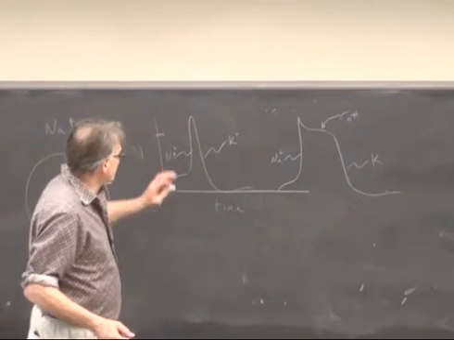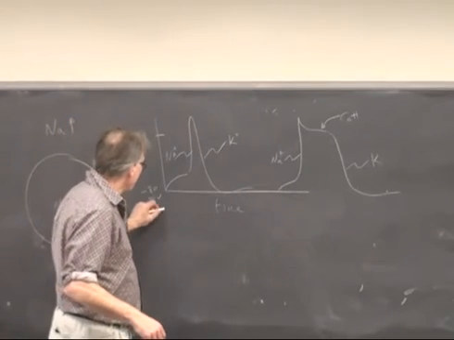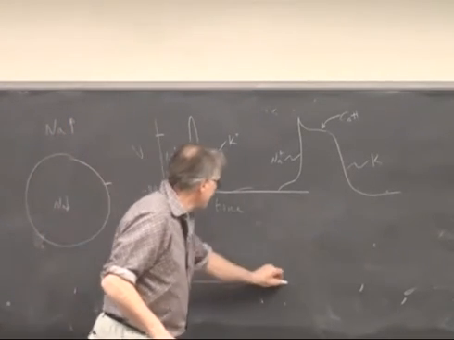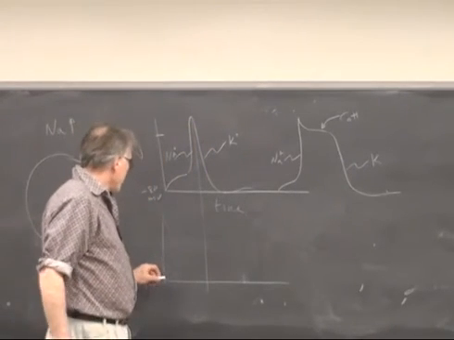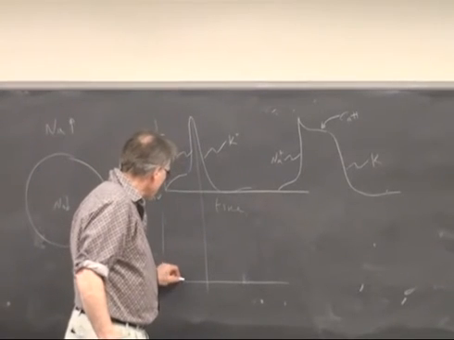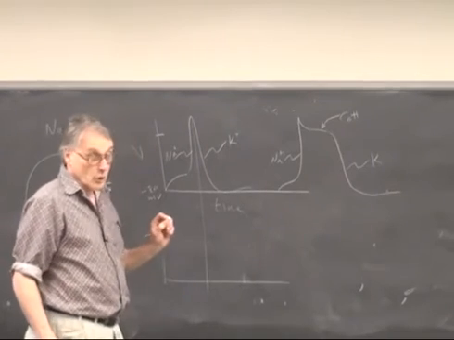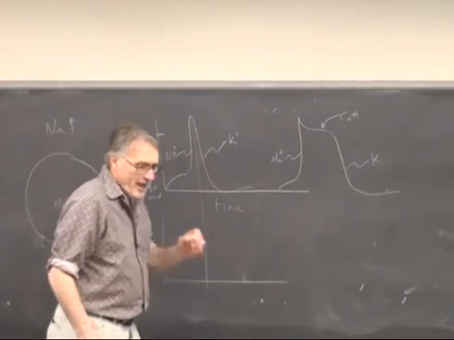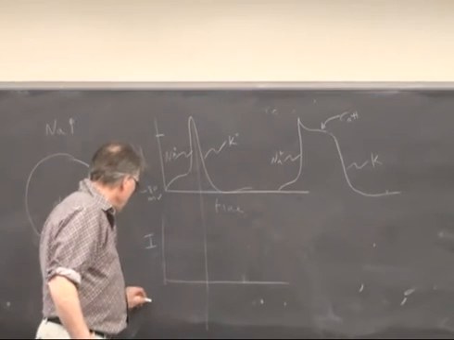The underlying phenomena here that was explained by Hodgkin and Huxley is that if we look at this on the same time scale, now we're going to plot current here. This is now current. There is a fast sodium current inwards.